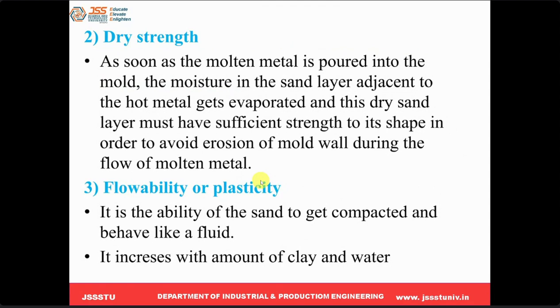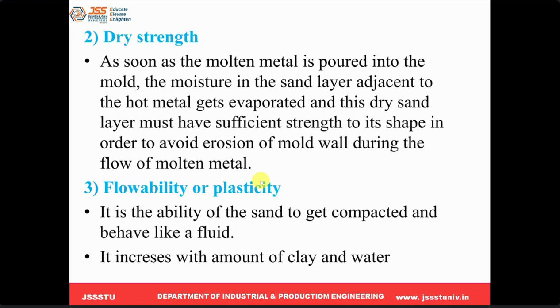Next is the dry strength characteristic. As soon as the molten metal is poured into the mold, the moisture in the sand layer adjacent to the hot metal gets evaporated, and this dry sand layer must have sufficient strength to hold its shape in order to avoid erosion. Before molding it is in the green state, but when you pour the molten metal, heat is passed from the molten metal to the sand, so it absorbs the moisture and evaporates it into the atmosphere.